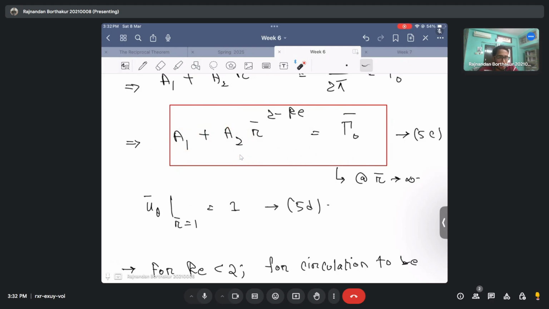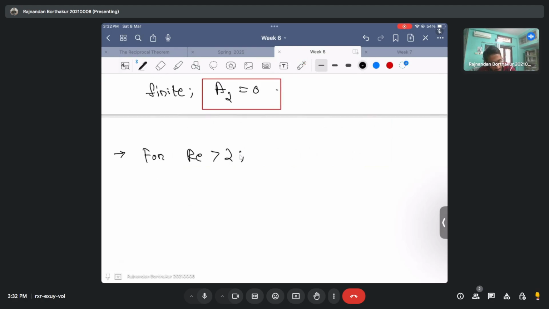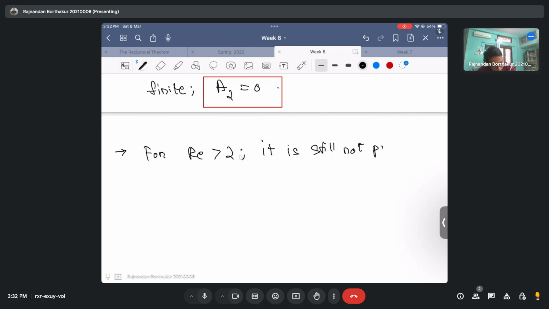So for Reynolds number greater than 2, it is still not possible to obtain closed form analytical solutions.